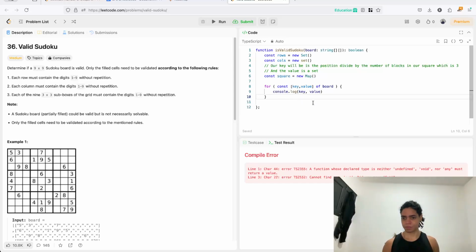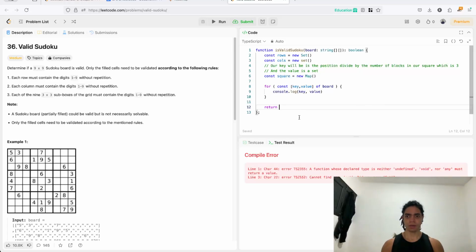Wait, what? Oh, because you expect, okay. Yeah, because line 1 it's a rows new set, and then it's a new set. A function whose declared type neither defined must return a value.